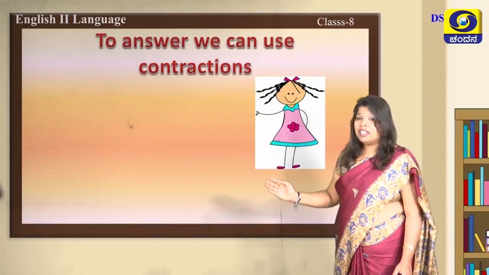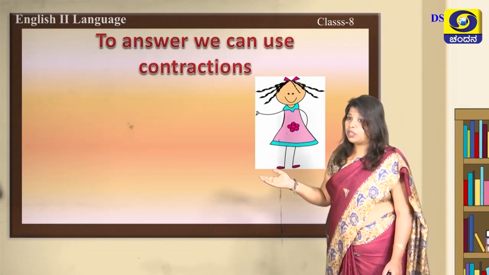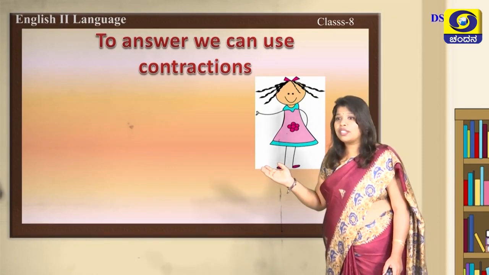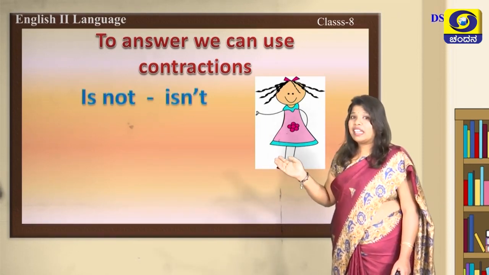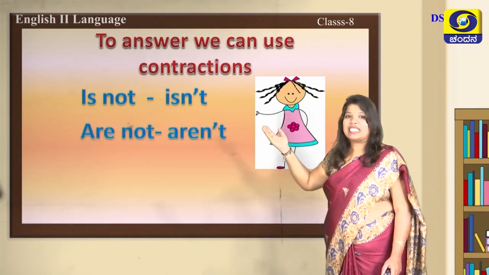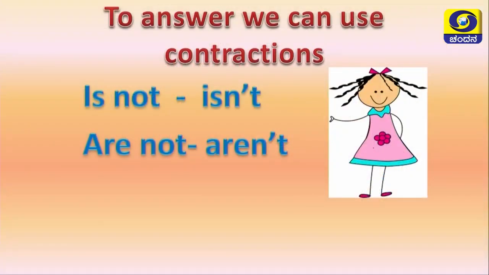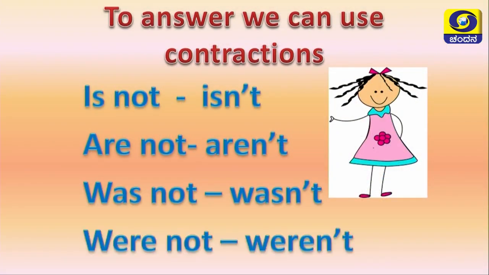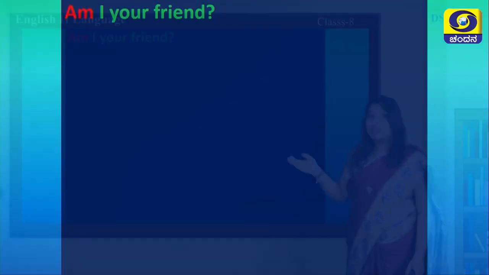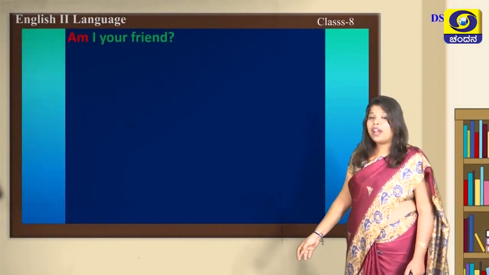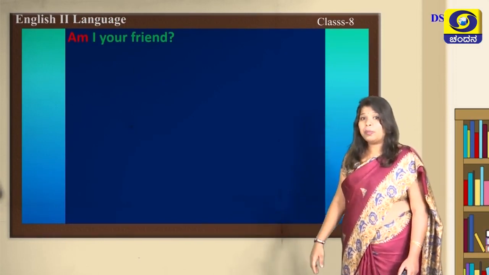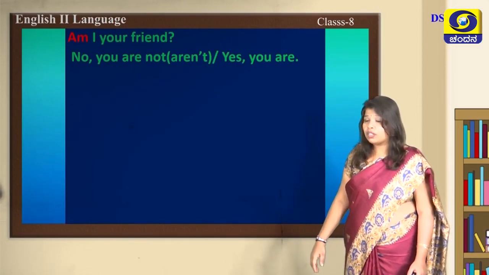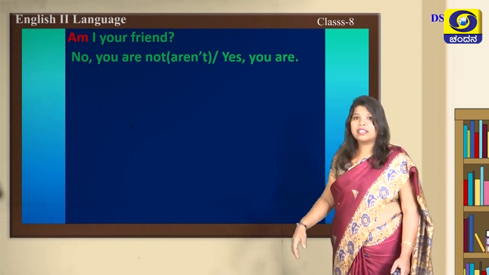To answer these yes or no type questions, we can use contractions like this. Is not, we can say isn't. Are not, aren't. Was not, wasn't. Were not, weren't. Now, look at this question, children. Am I your friend? So, your answer would be no, you are not, or you can say no, you aren't.